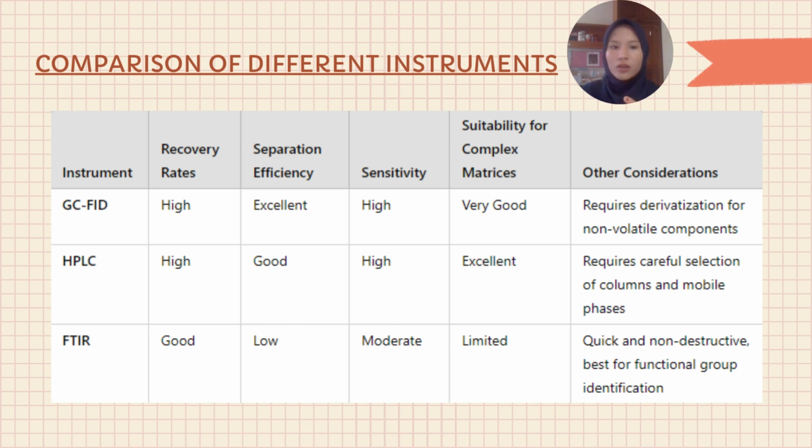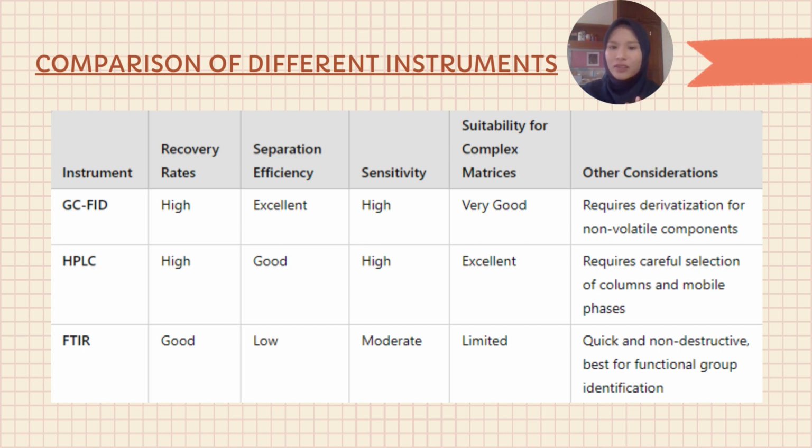The last one, FTIR, is Fourier transform infrared spectroscopy. The recovery rate depends on the extraction method, and it is typically good if proper techniques are used. The separation efficiency is low, as it provides bulk characterization rather than separation of individual components.